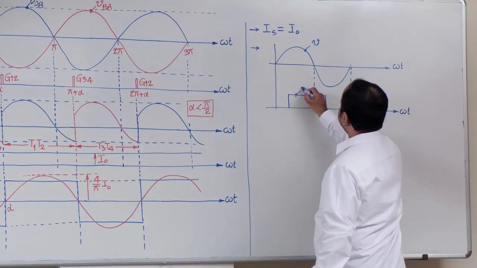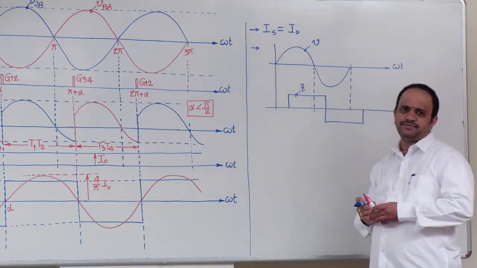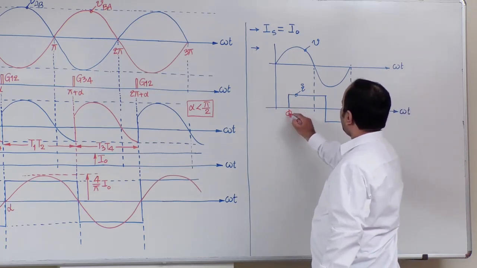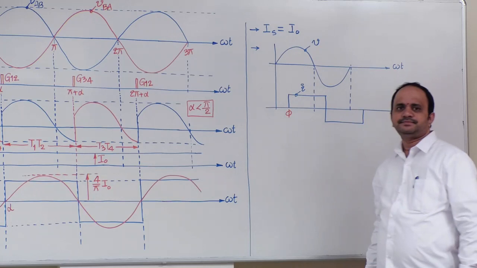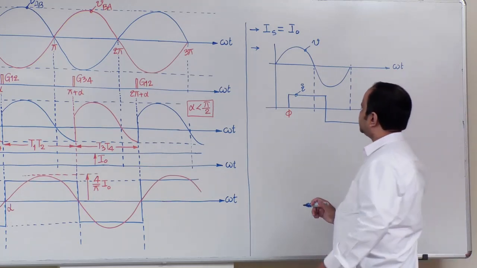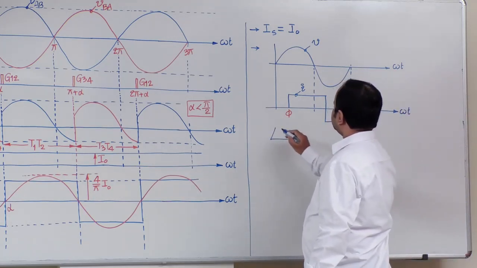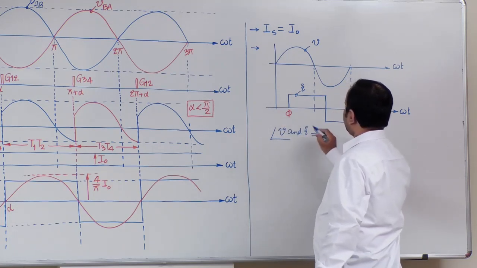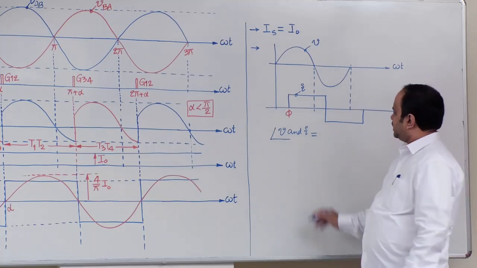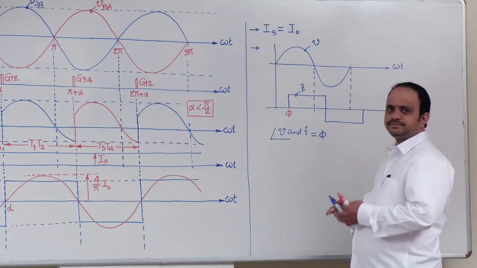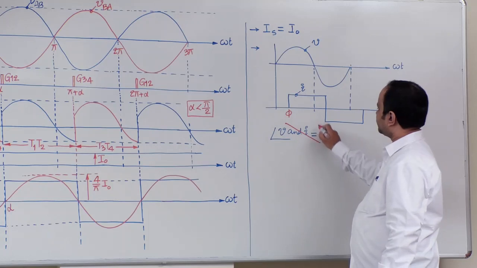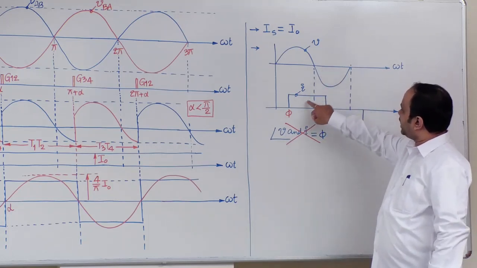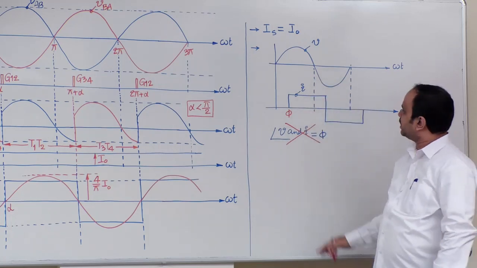Let me take, this is a current waveform. Now, for example, I have this angle as phi. The basic question here: what is the phase angle between voltage and current waveforms? Can I write this is equal to phi? Answer is no. You should not define a phase angle between V and I in this particular case.